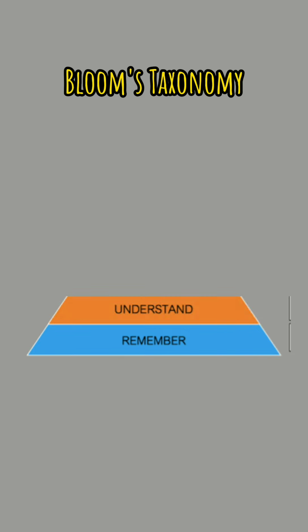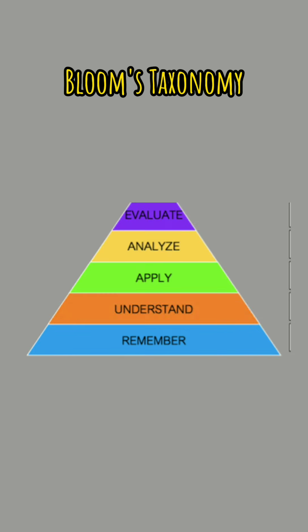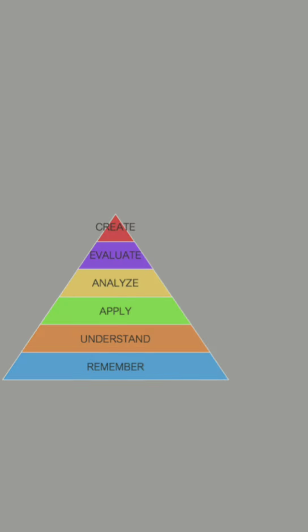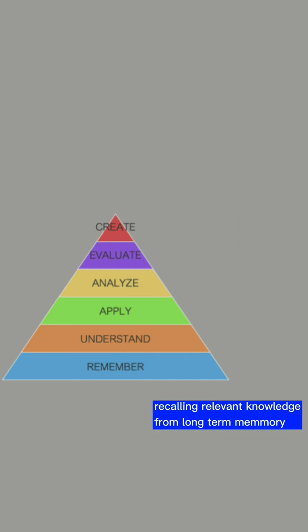Bloom's taxonomy's pyramid is comprised of 6 categories or levels of thinking, such as remember, understand, apply, analyze, evaluate, and create. Remember means recalling relevant knowledge from long-term memory. Understanding means making sense of what you have learned.